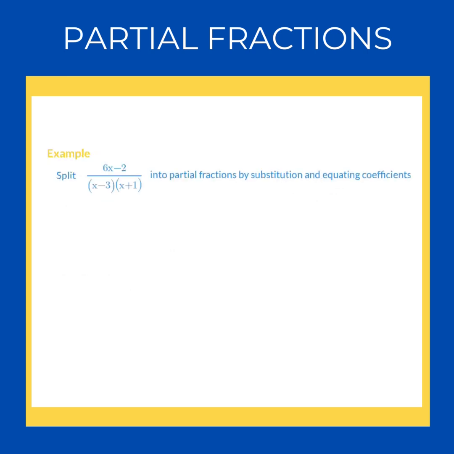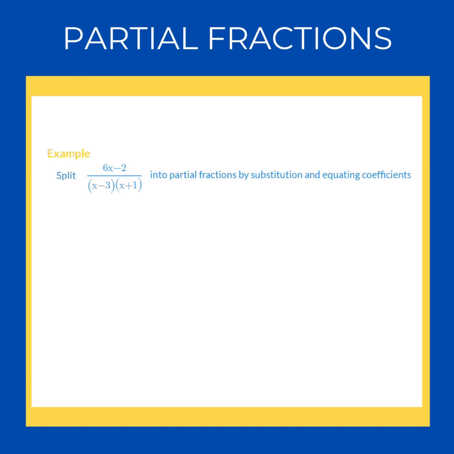In this example it says split 6x minus 2 over x minus 3 times x plus 1 into partial fractions by substitution and equating coefficients. Let's do the first method, which is by substitution.